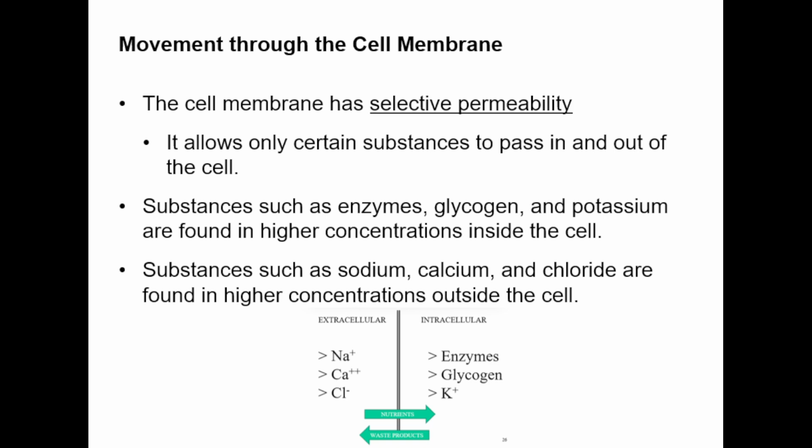Kasi kung ia-allow lang niya na freely mag-pass through yung mga substances na yan, papasok at palabas ng cell, hindi ma-maintain yan yung kanilang concentration. So, in homeostasis, dapat ganito. There's more sodium, calcium, and chloride outside, while there are more enzymes, glycogen, and potassium inside the cell.